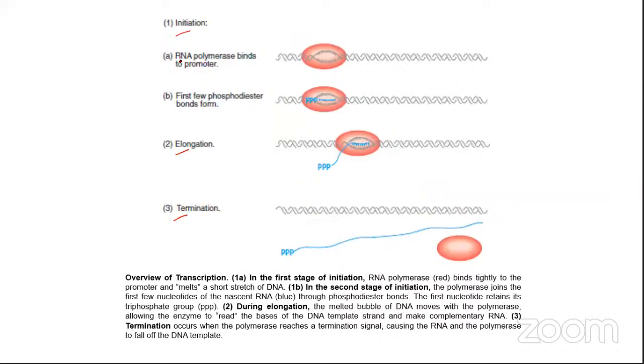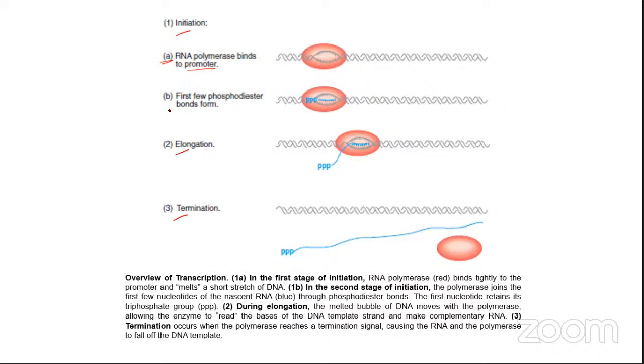So the initiation phase can be broadly divided into two sub-stages. One, when the RNA polymerase, which is the enzyme that is needed for transcription, recognizes the region from where it is going to begin the process of transcription, and that region is referred to as the promoter sequence.